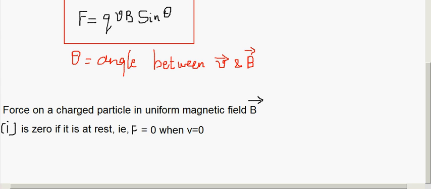Now the second case, that is the case when theta equal to 90 degree. If theta is 90 degree, then sin 90 is 1. The force magnitude is qvB, and I can say that this force is a maximum.